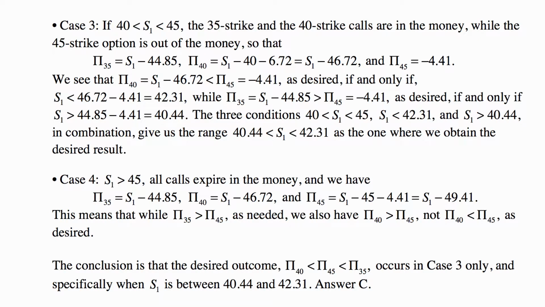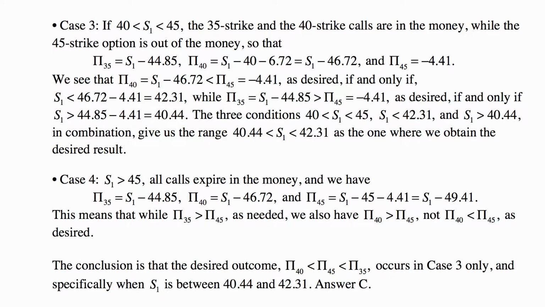So the three conditions, S1 between 40 and 45, S1 less than 42.31, and S1 greater than 40.44, in combination give us the range between 40.44 and 42.31 as the one where we obtain the desired result. So it's kind of nice, a miracle. We get what we want here.